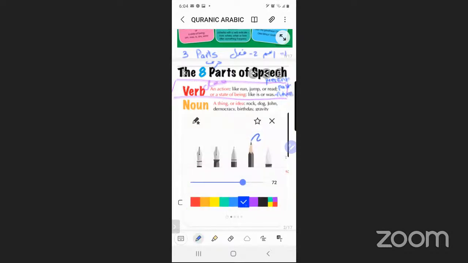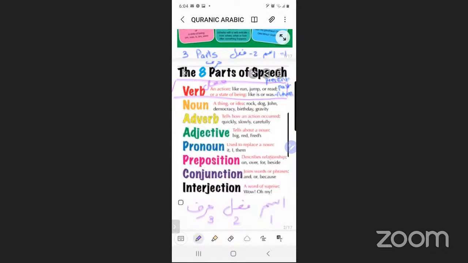The other one is ism. Now noun, pronoun, adjective, adverb, all these are ism. So yes, you can see ism also here.